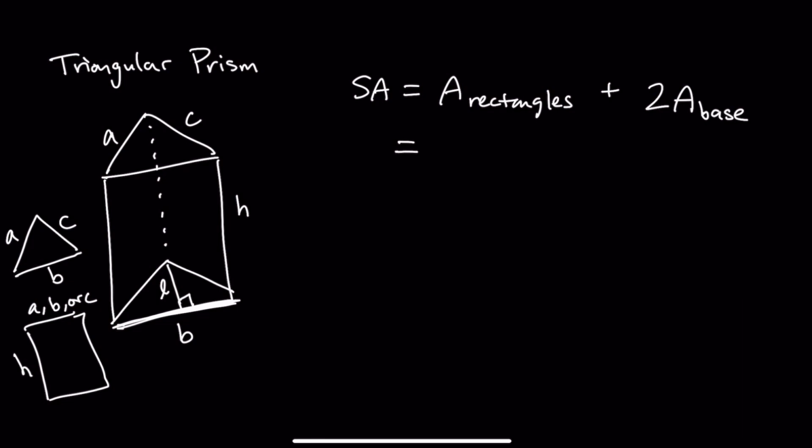The areas of the rectangles will be A times H plus B times H plus C times H.